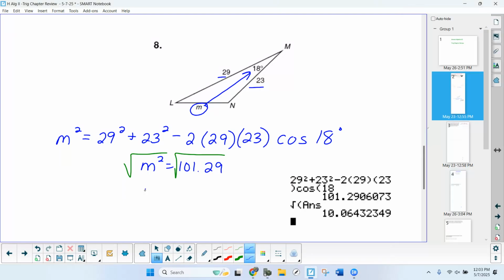Okay, so now we get the side M is 10.1 correctly rounded. Are you good there? So I'm going to come in here and say M is 10.1. Now I can switch to law of sines. And did you find angle N? Is that what you said you found? Use law of sines to find angle N?